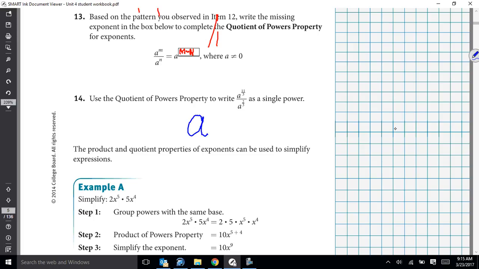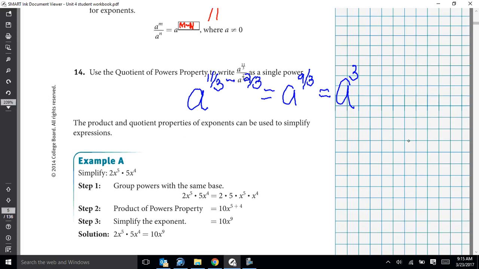Look at the first. All right, my denominators are the same, so I can just subtract my top numbers, 11 minus 2. All right, questions there?